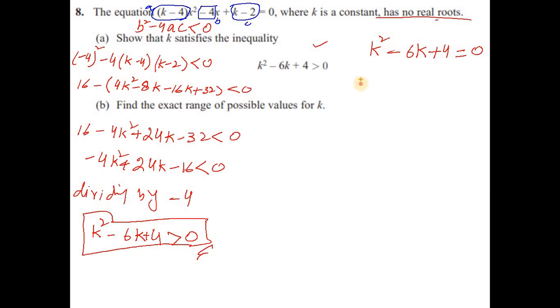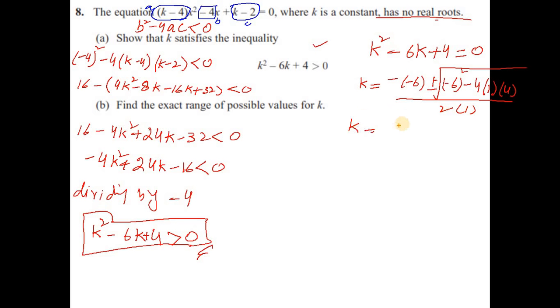So k is equal to minus b, minus 6, plus minus the square root of b squared minus 4ac, 6 squared minus 4ac. a is 1, c is 4, divided by 2a.